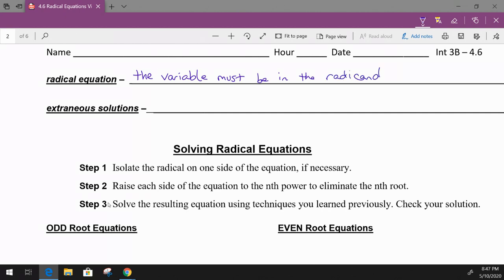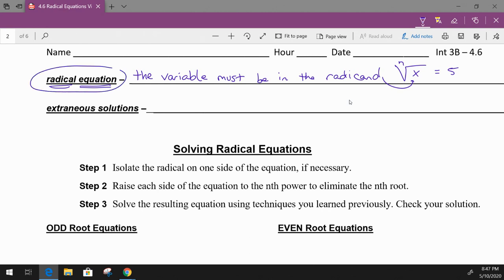So the radicand is the part that is inside of the radical. And it has to have an equal sign, and it has to equal something. So I just put equals 5. But again, in order to be an equation, it has to have the equal sign. In order to be a radical equation, the variable has to be in the radicand.